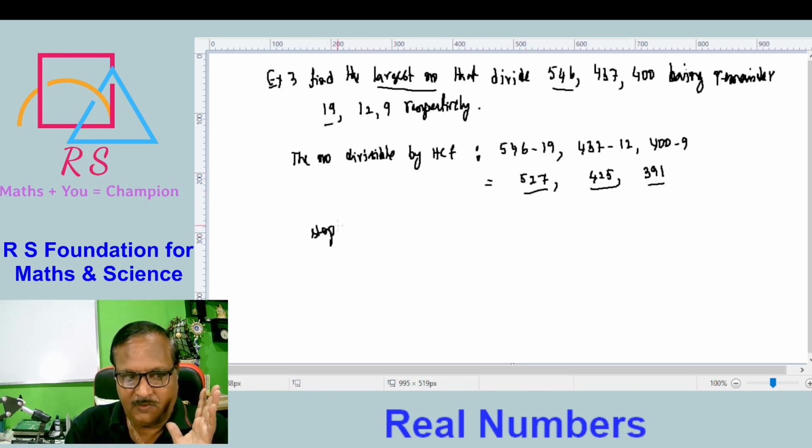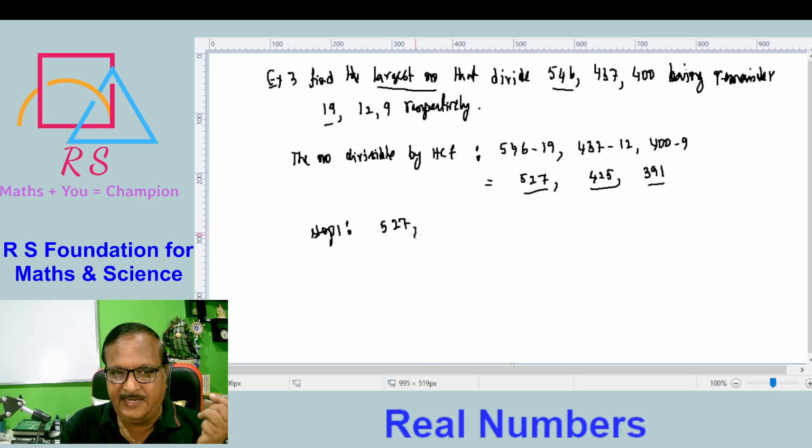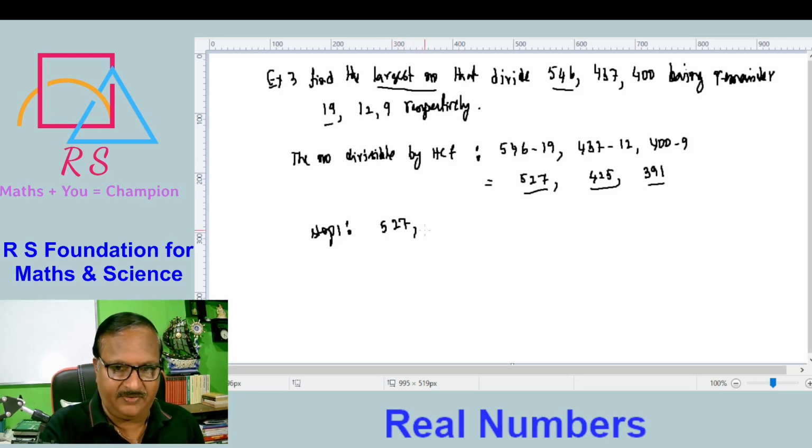Step number 1: you take any two numbers out of the three, because Euclid's division lemma is possible between only two numbers. So you take 527 and 425 and find the HCF.